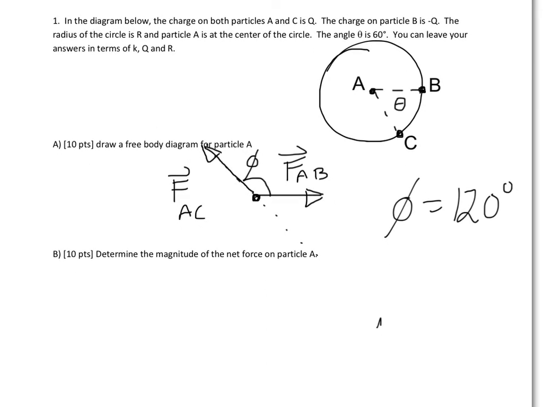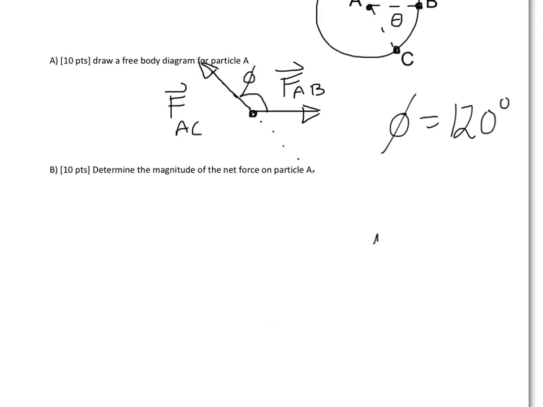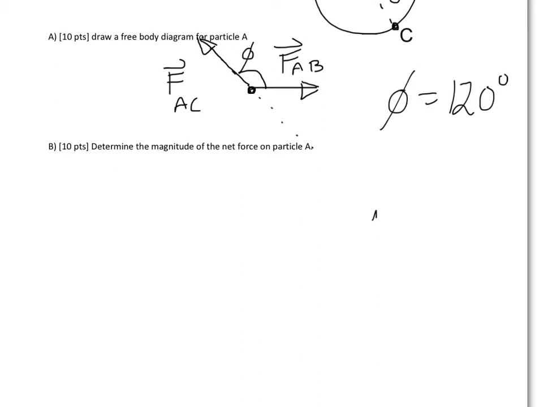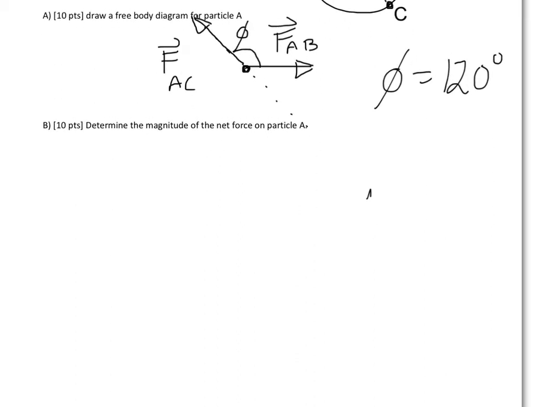Alright, now let's move on to part B. Determine the magnitude of the net force on particle A. Now there are a couple of different ways to do this. One is by components. So what you would do is draw a coordinate system. We're trying to determine the magnitude of the net force. All I really need is the free body diagram, so we can just put that right there.